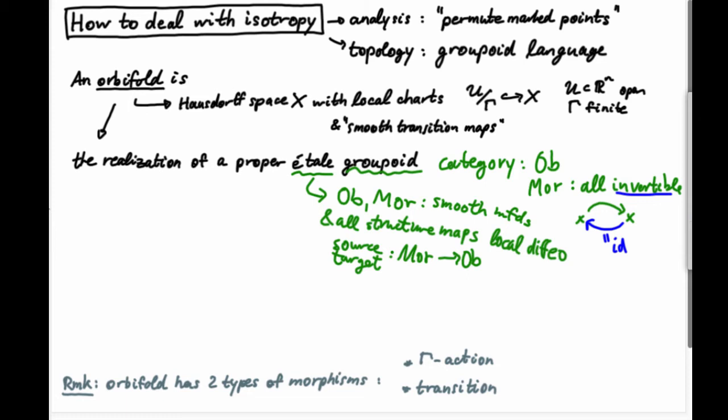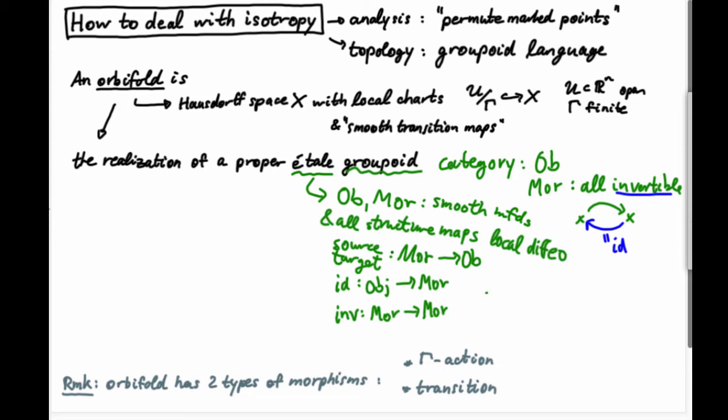Then I should know what my identities are: every object needs to give me a morphism. And then in a groupoid I also want to know what my inverses are, so for every morphism I should get the inverse morphism. You want this to be a local diffeomorphism? Yes. That's the word étale.